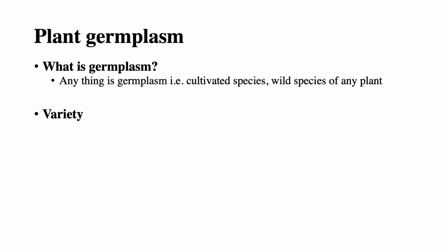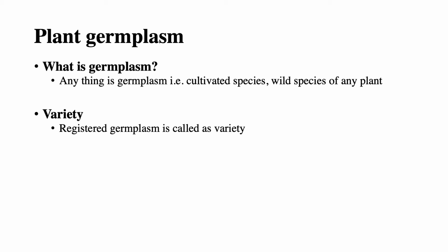So the second thing is variety. There is a difference between germplasm and variety. As I have told earlier, germplasm is anything, any living organism, any plant, any flower, any organism. But what is a variety? Variety is basically a registered germplasm. The variety has to be developed by passing through a lot of breeding procedures. It has to pass several tests against abiotic stress and biotic stress.